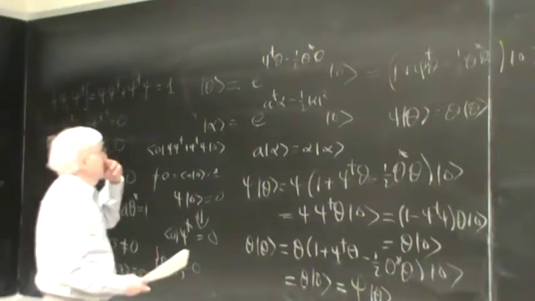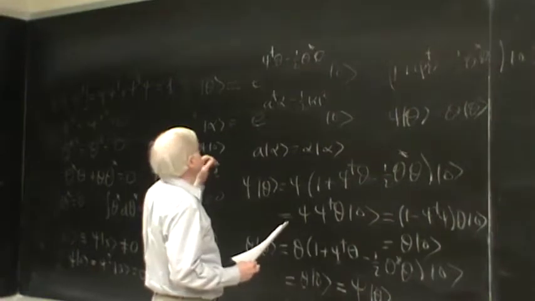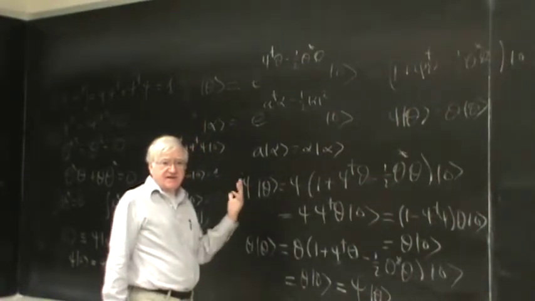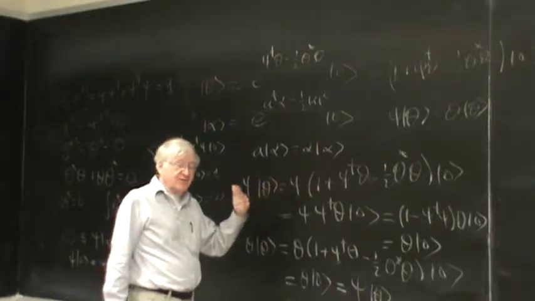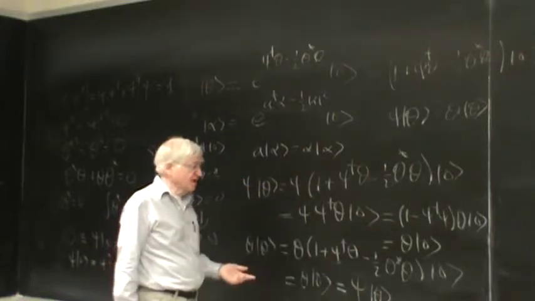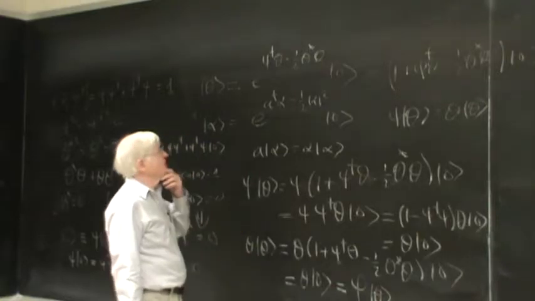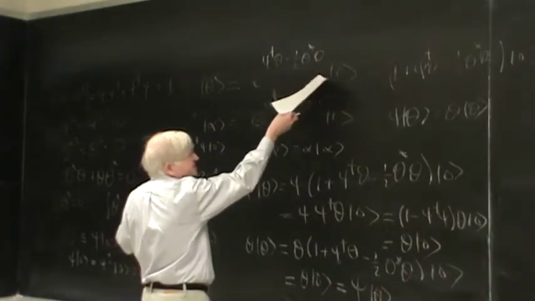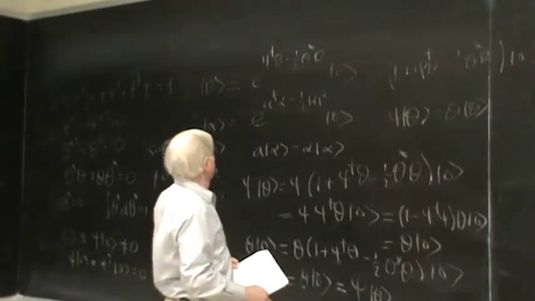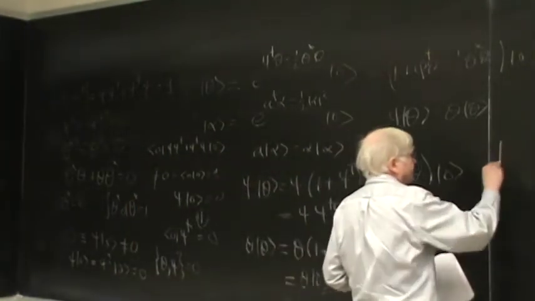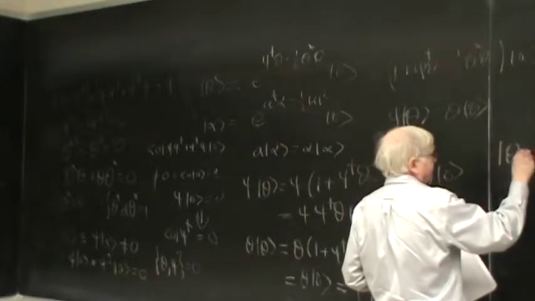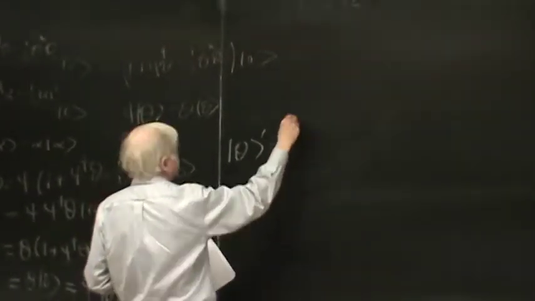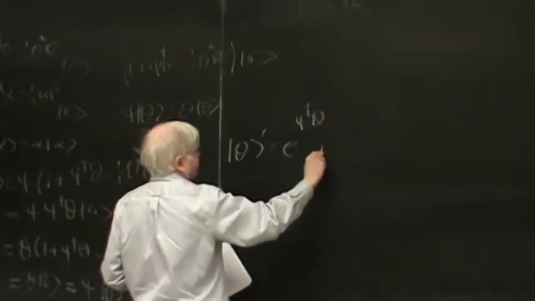Now, you might say, is this eigenstate of the fermionic field or fermionic annihilation operator unique? Well, no. You could get rid of this normalization factor. In other words, you could define some theta prime equal to just e to the psi dagger theta on 0.